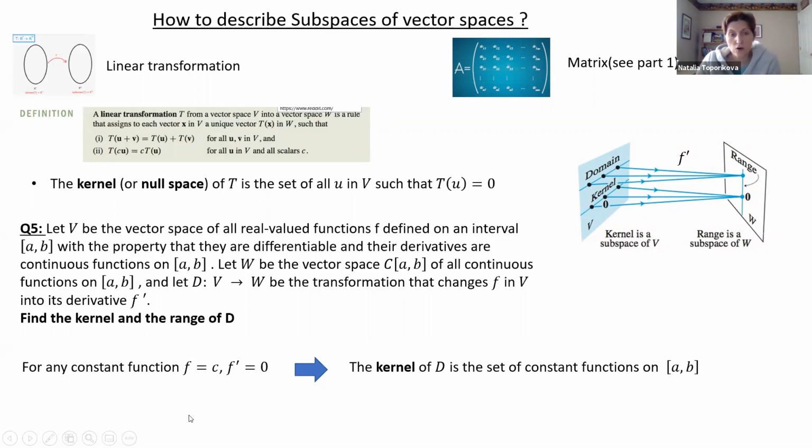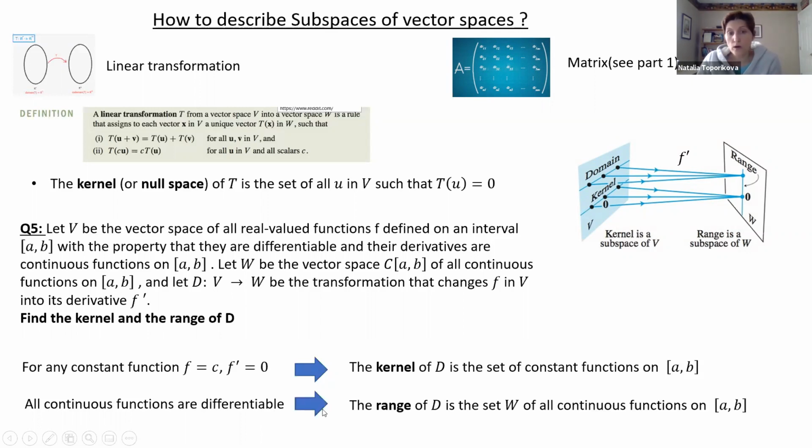Okay, let's go into the range. What do we need for a function to be transformed by a derivative? Not that much. Our function has to be continuous, otherwise we cannot differentiate. So we can conclude that the range of our transformation is the set of all continuous functions on the interval a, b.